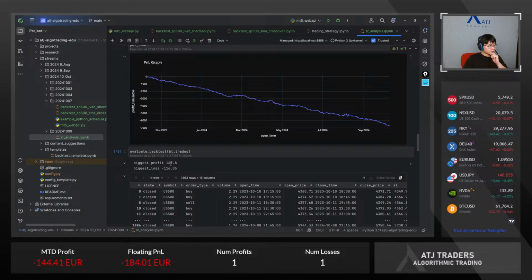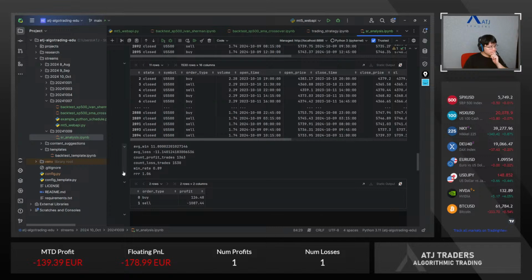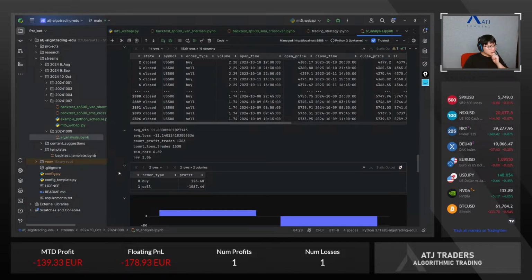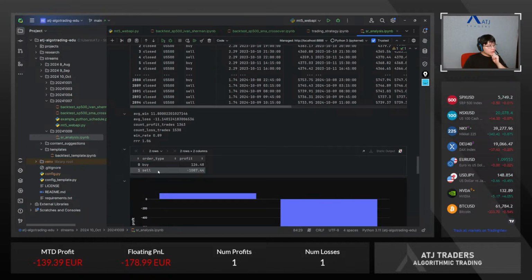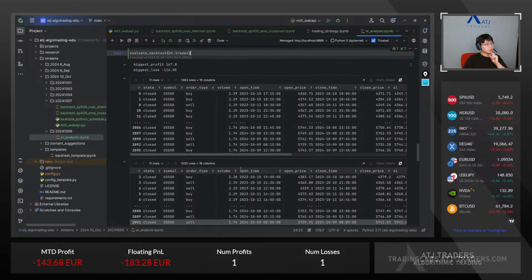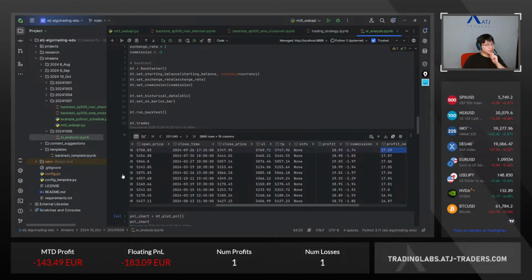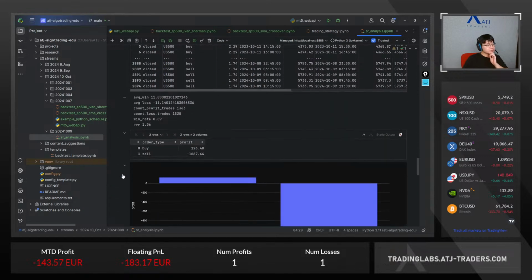So biggest profit was 167, the biggest loss was minus 116. We see that buy orders tend to perform better than sell orders, and of course, because the S&P 500 has been bullish.